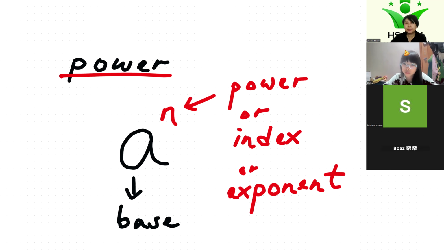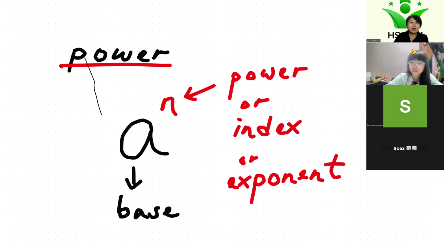Okay, good. Good job, student. Okay, so now let's see what the index means. If we have A, this is the base. I will use the black color. This one we call base, right? And then let's say I say A to the third power.